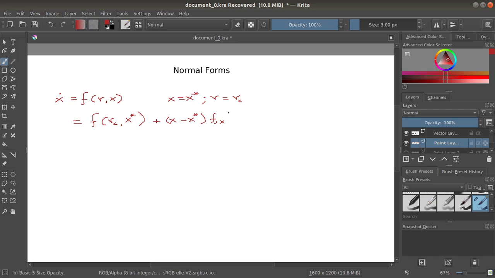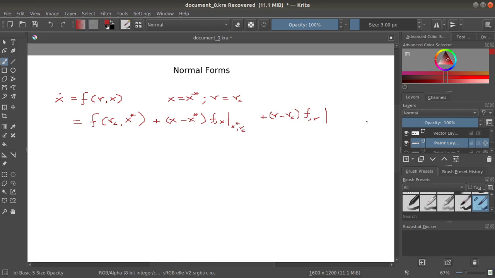And this I am evaluating at this point, x star and r c. Plus r minus r c, that's the deviation of r from r c, into f comma r, and I'm evaluating at the same point.